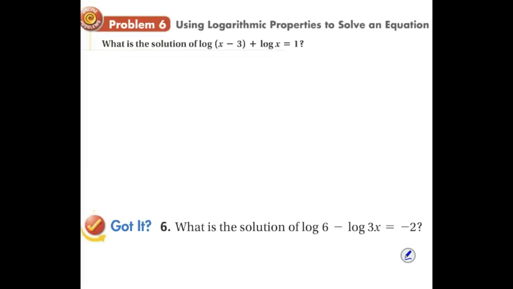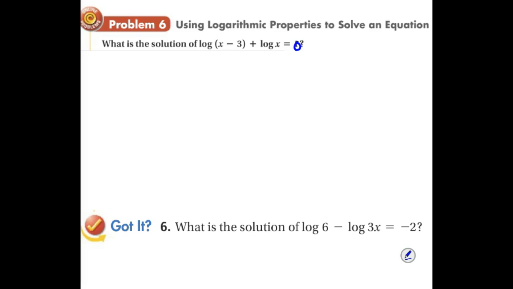How is this one different? There aren't logs on both sides. You might run into some questions that are like that, where you have a log on both sides. In this case, we have 2 logs on the same side. If this side had been a 0 instead of a 1, I would move 1 log to each side.